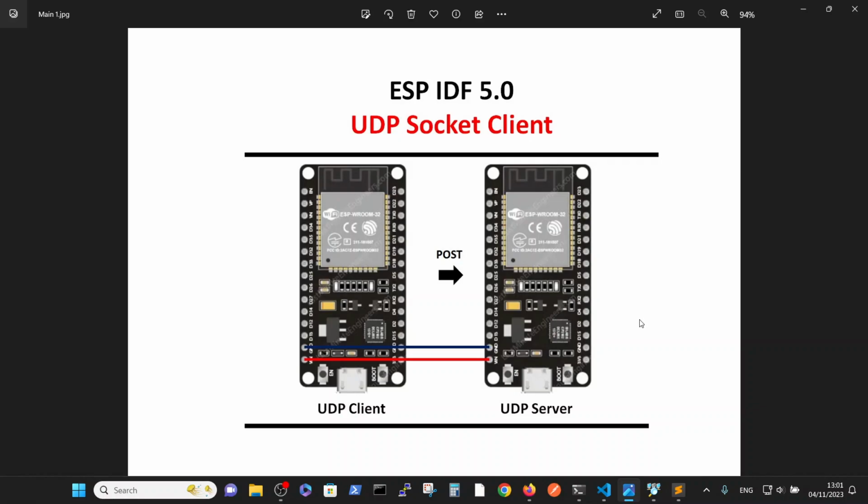So in this video we will have two microcontroller boards with ESP32. On one microcontroller we will install UDP Server, which was explained in our previous video, and in this video we will install a UDP client on the other board.